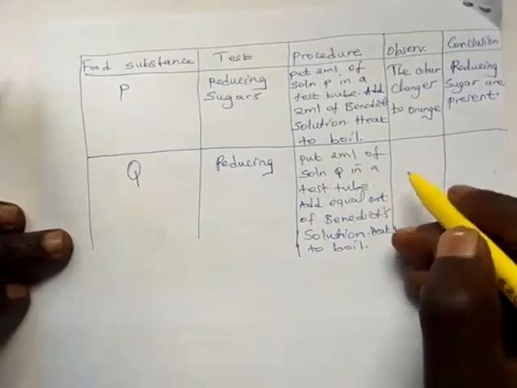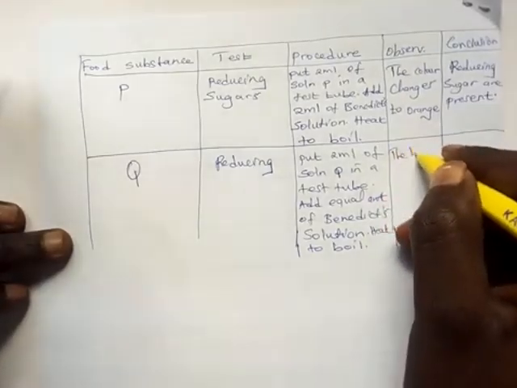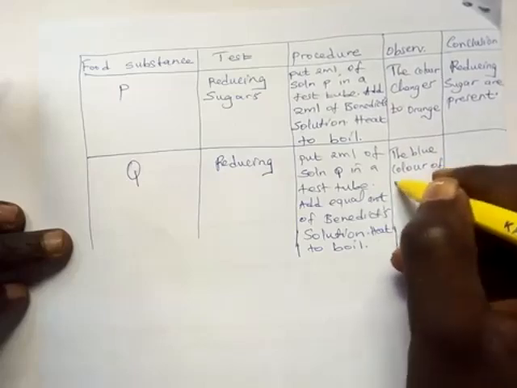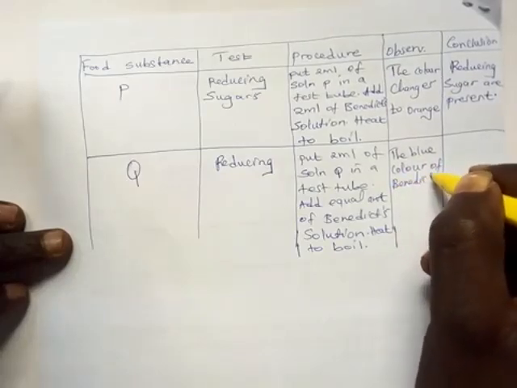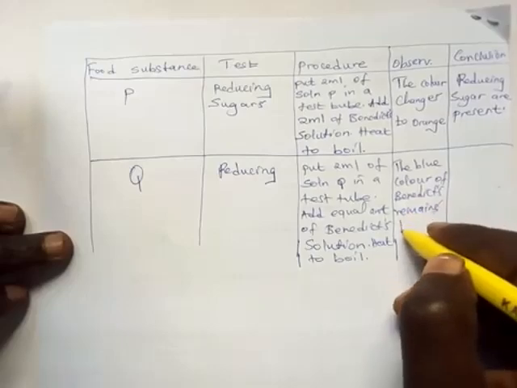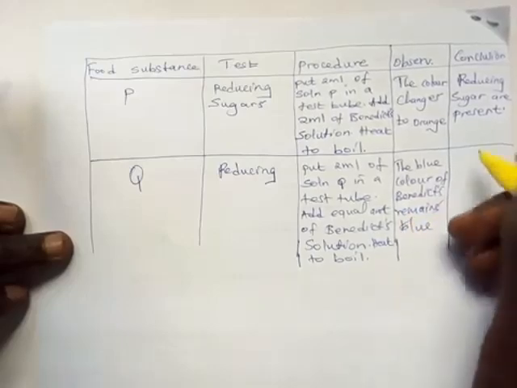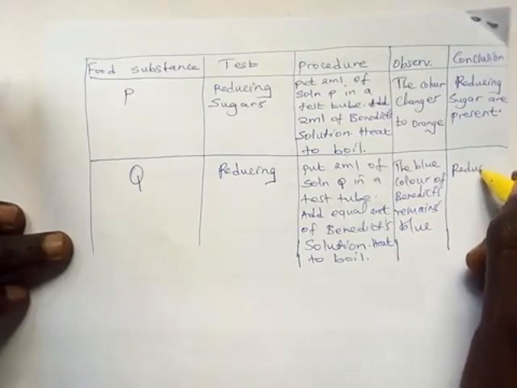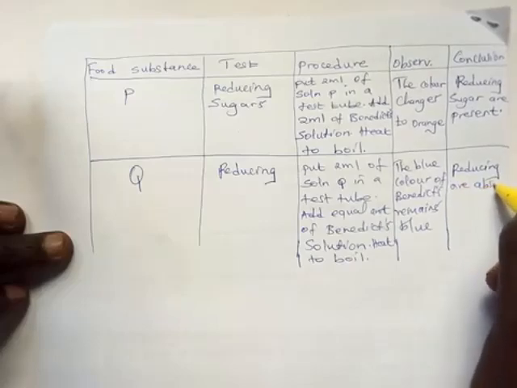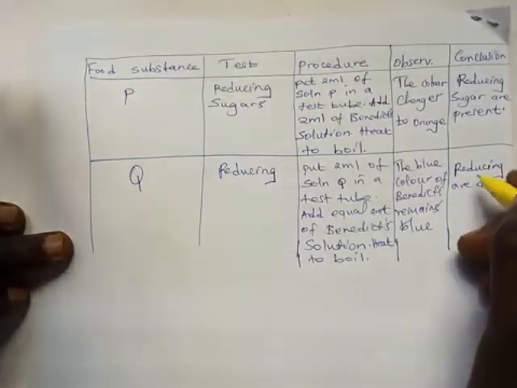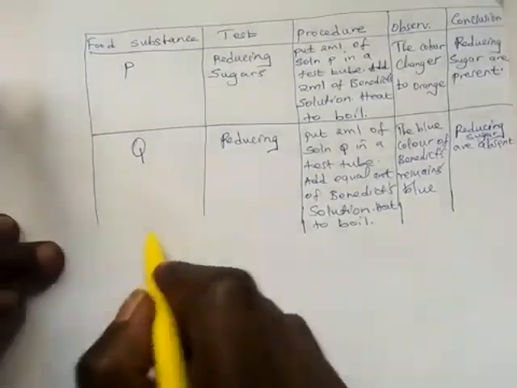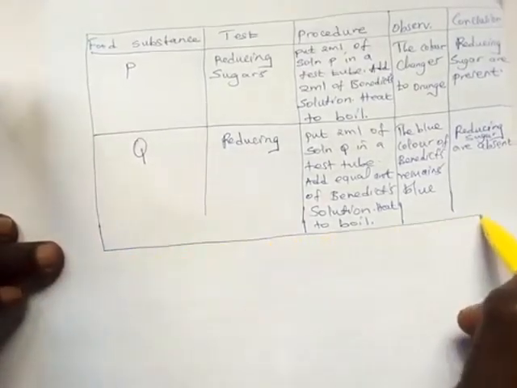And then here the blue color of Benedict's solution remains blue. Now here in Q the reducing sugars are absent. Now up to here we have 6 good marks.